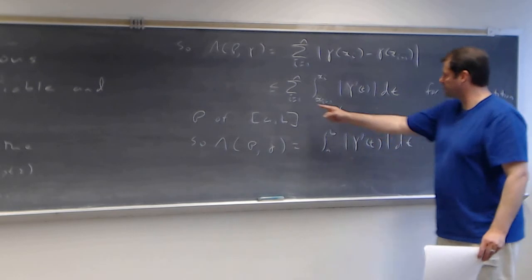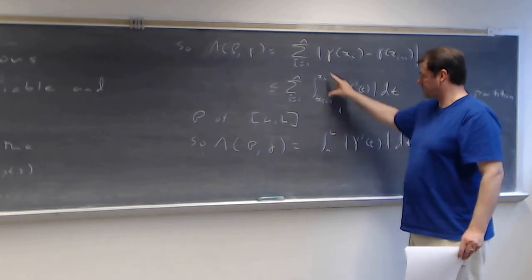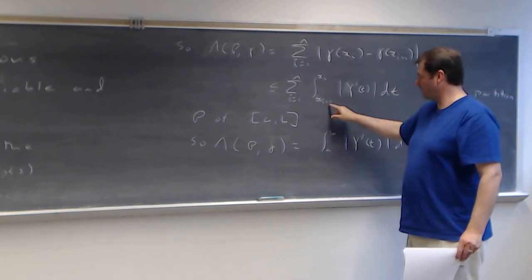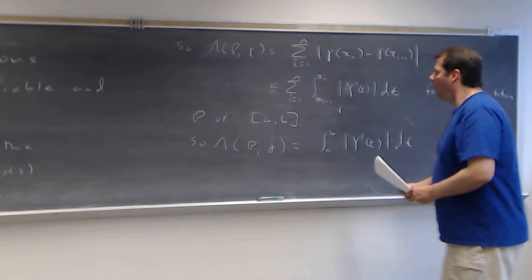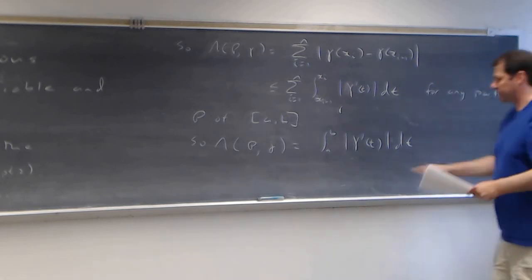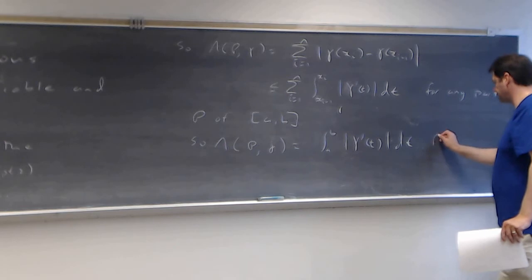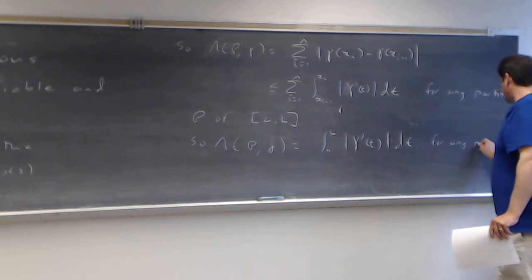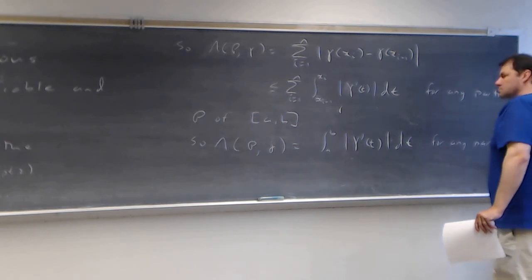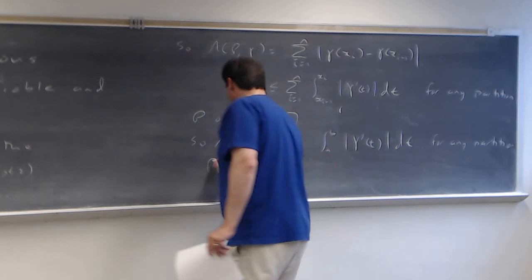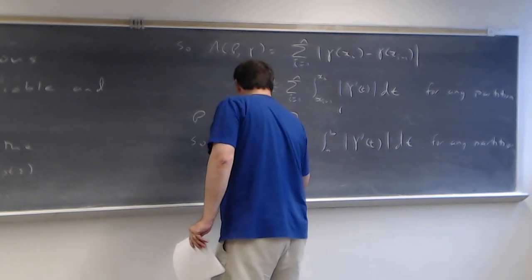And the reason is when you sum up over all these partition values, from x of i minus 1 to x of i, you get the integral from a to b. And this is true for any partition P of [a, b].